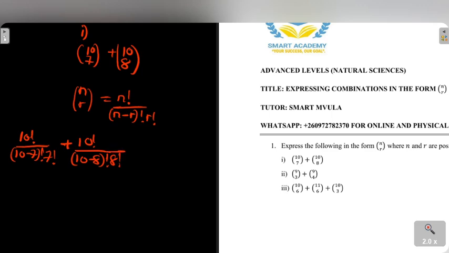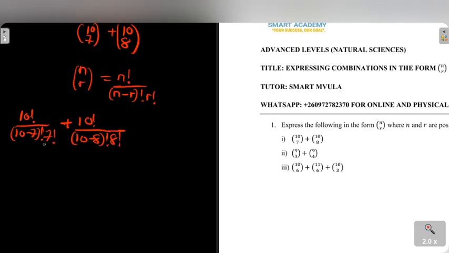This is what we have. So we're going to simplify it as if we are evaluating. On top we have 10 factorial over 10 minus 7, that's 3 factorial, 7 factorial, plus 10 factorial over 10 minus 8, that's 2 factorial, 8 factorial.